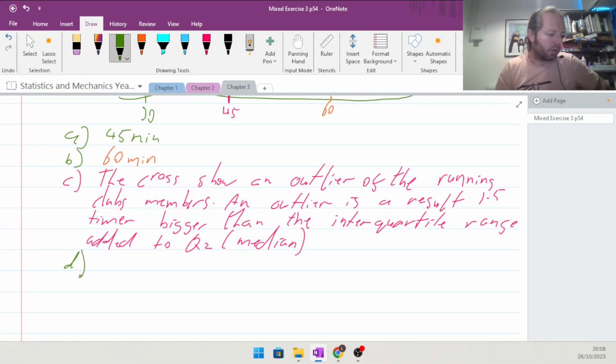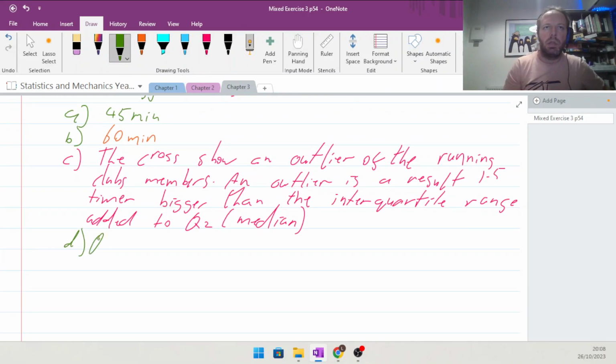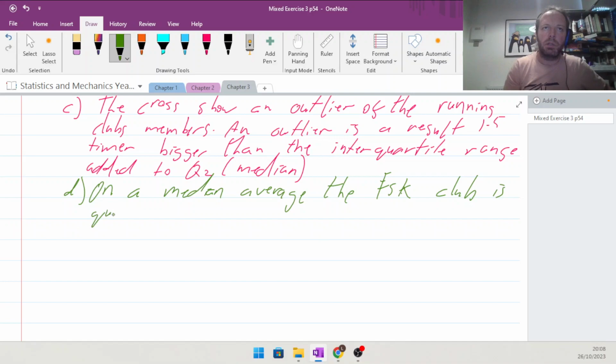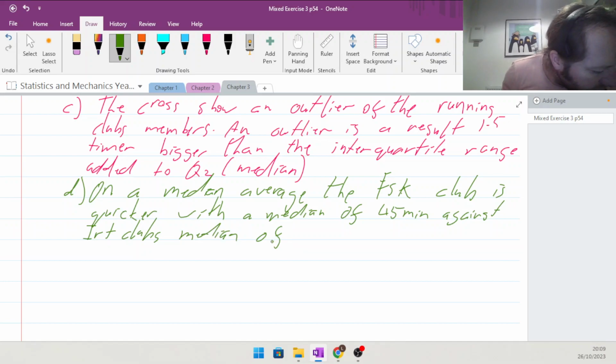D. Compare and contrast these two box plots. On a median average, the Esk club is quicker with a median of 45 minutes against Eert club's median of, what was their median, 52.